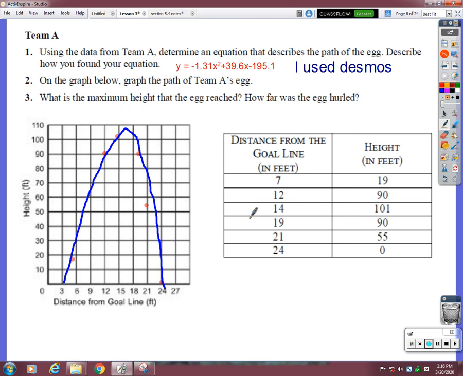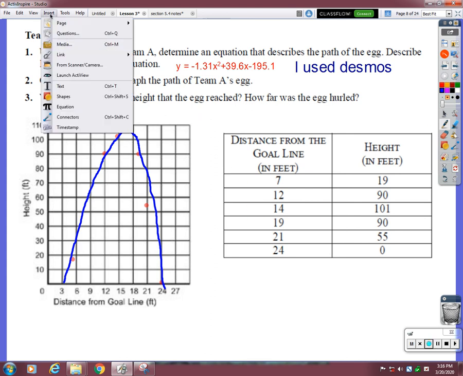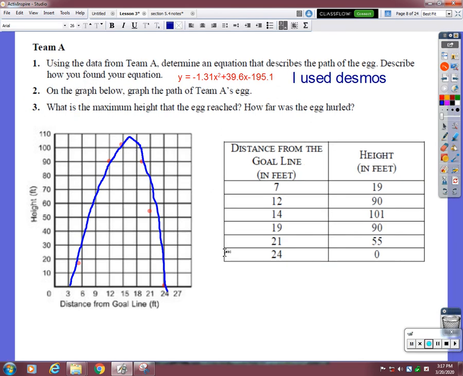So when it says, what is the maximum height the egg was hurled, we don't know that for sure, but I'm going to guess that it was a little bit higher than 101 feet, maybe like 103 feet, I don't know.